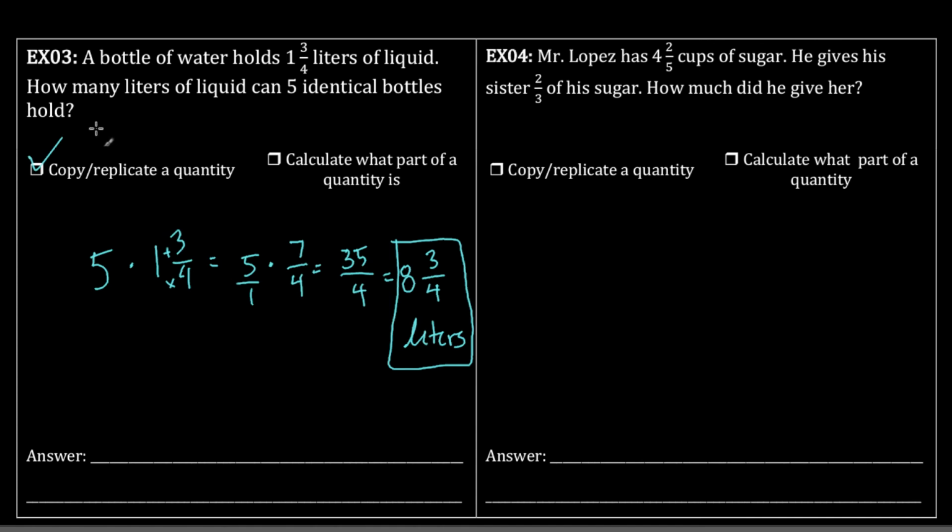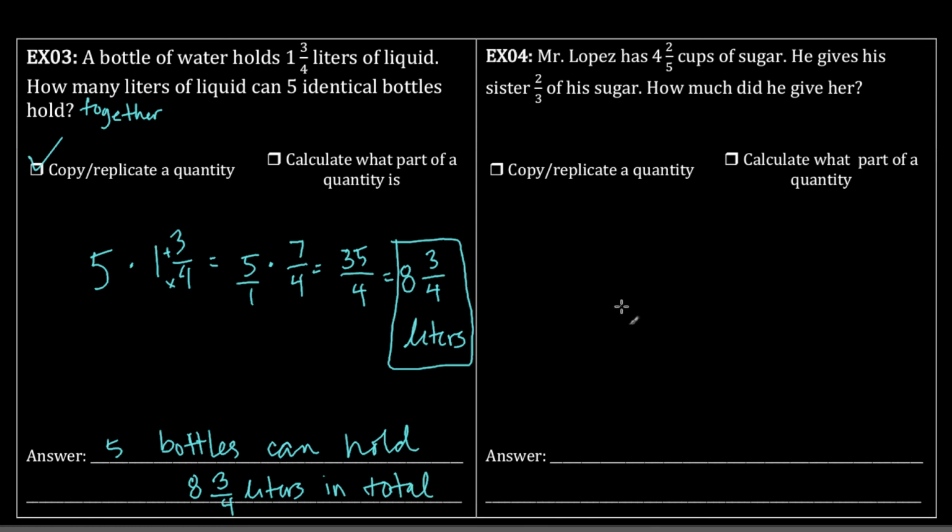Together, because we all know they hold the same amount. So 5 bottles can hold 8 3/4 liters in total.